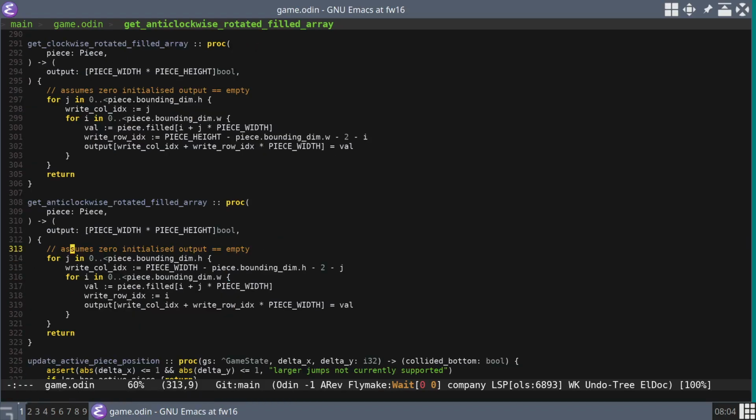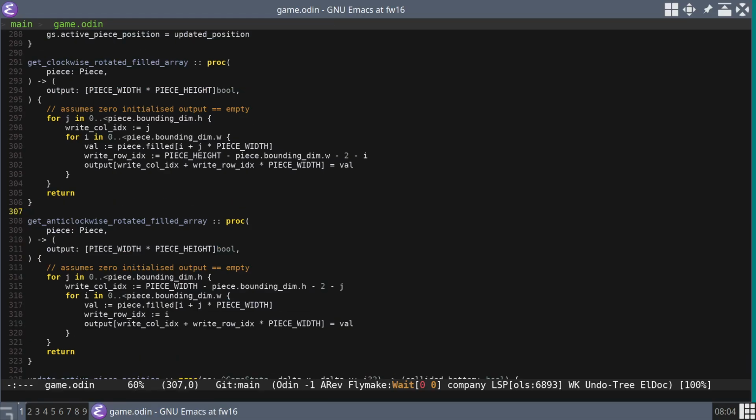Start just printing out what the values are. Yeah, I think I'm going to have to print my ijs and the output row and the indices.